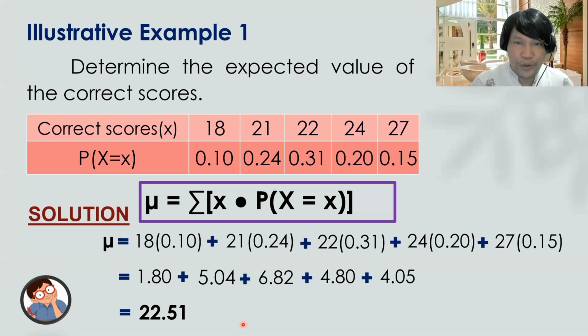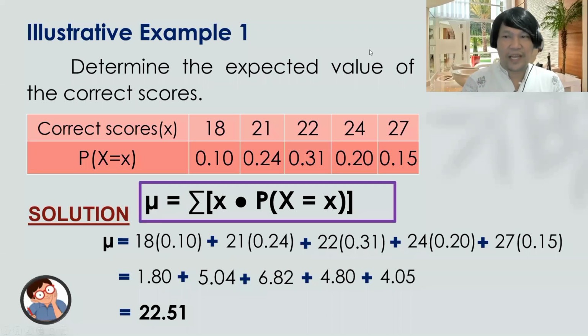I hope you're able to get the correct answer, or you're able to take down some procedural concepts as to how we dealt with our illustrative example number 1. For this, our answer is equal to 22.51.